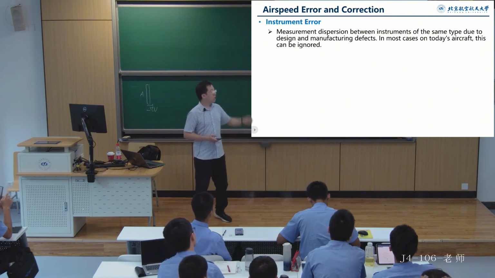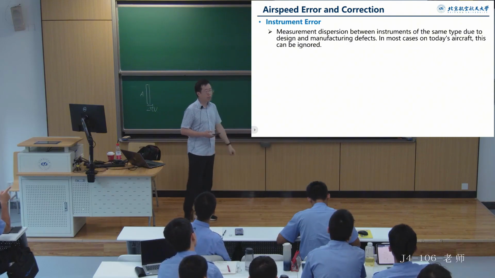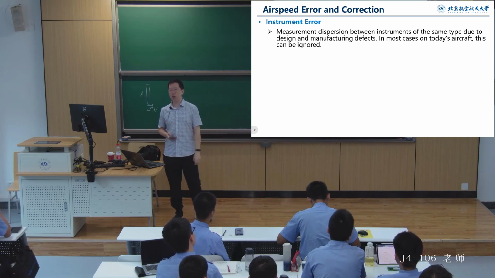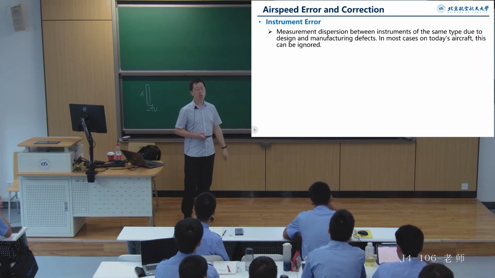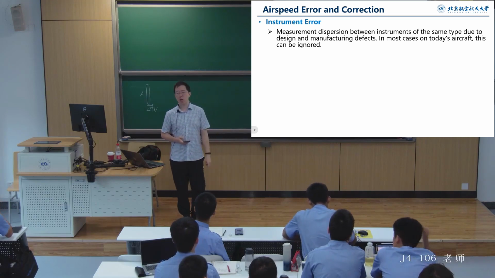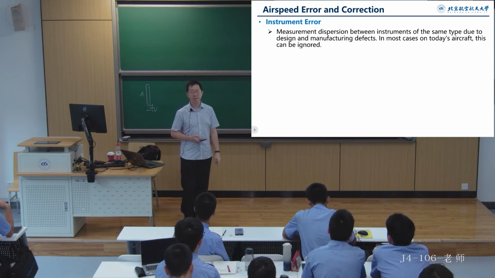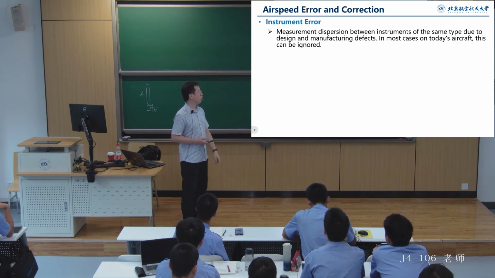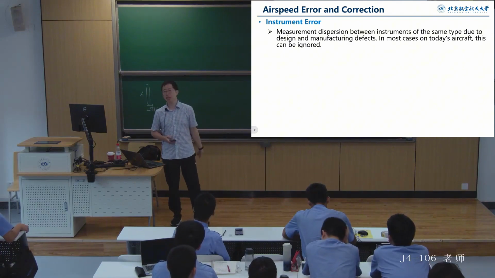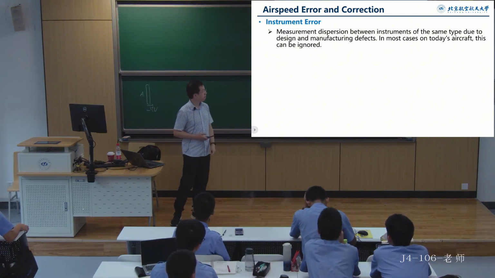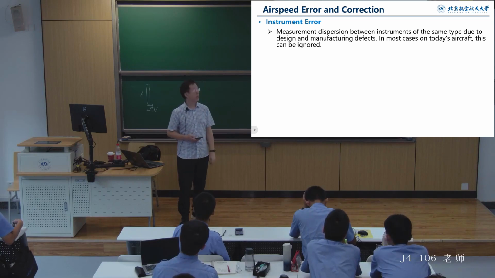So, after we use these sensors to measure and obtain the pressure, we might still face some issues. The values we read might have some discrepancies compared to the actual values. Let's discuss what factors might cause discrepancies between the airspeed readings and the actual values. The first possible situation is what's known as instrument error.